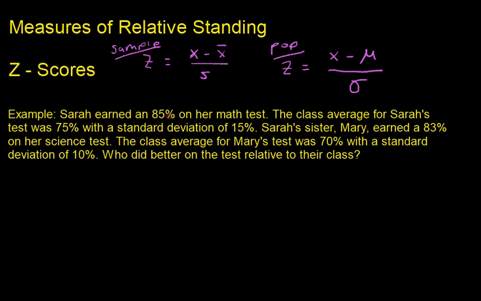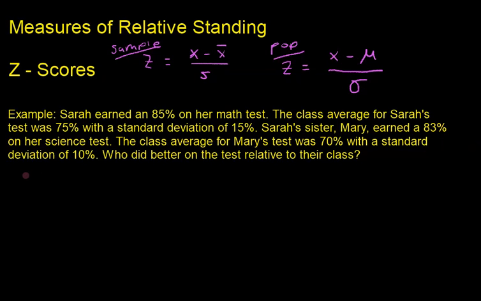Sarah earned a 85% on her math test. The average for Sarah's test was 75%, and the standard deviation was 15%. First let's think about Sarah before we go on to Mary, Sarah's sister.